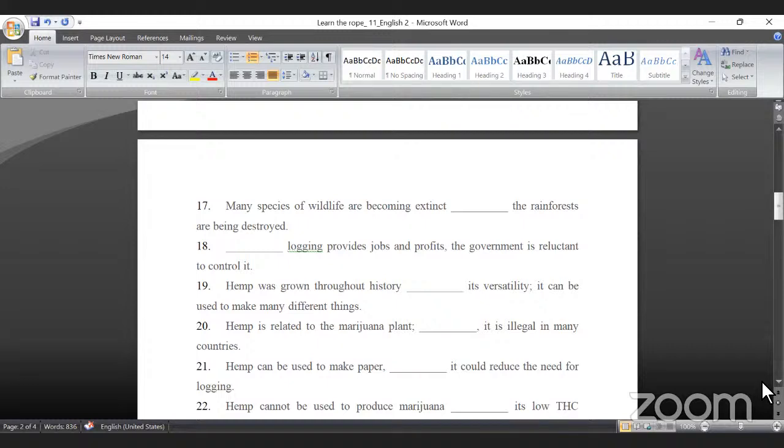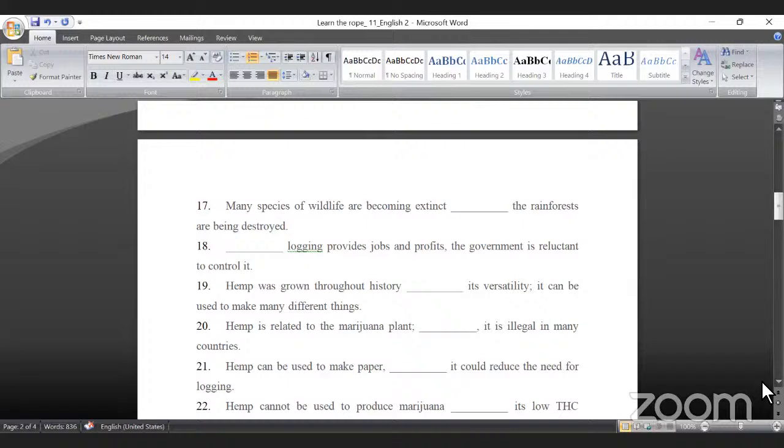Next one. Hemp was grown throughout history, dash, its versatility. It can be used to make many different things. There's a semicolon there, so this is a separated sentence. You have to check whether the first and the second sentence are in contrast or are adding to each other.